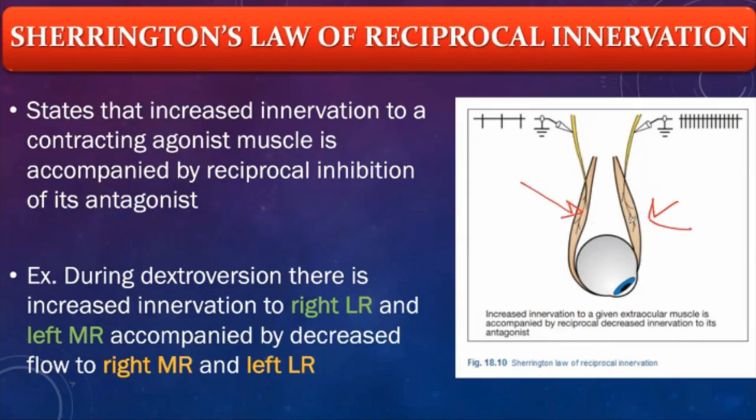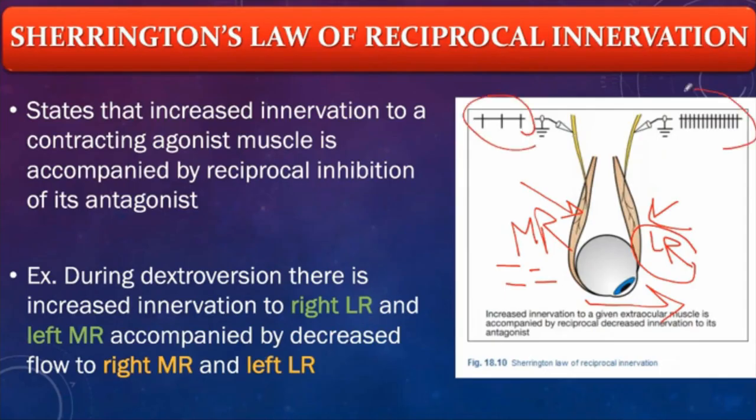If this muscle is contracting, let's say that this is the lateral rectus, and then this is the medial rectus. So in order for the lateral rectus to contract to bring this eye in this direction, the medial rectus of the same eye should be inhibited or should receive some inhibition.